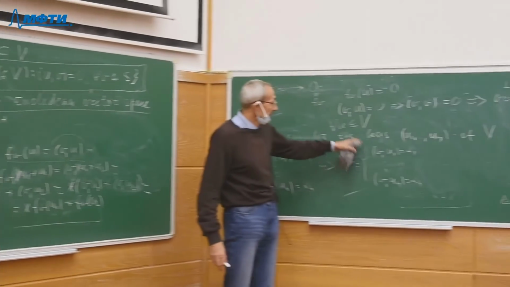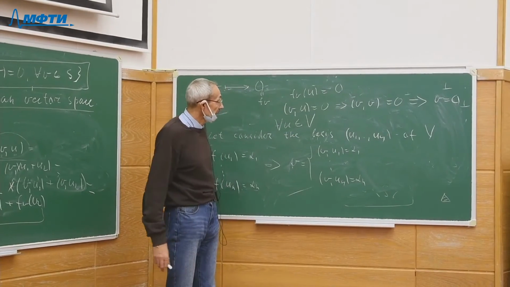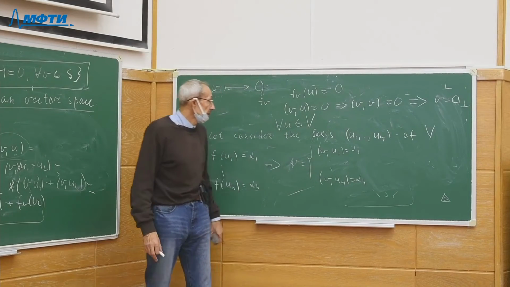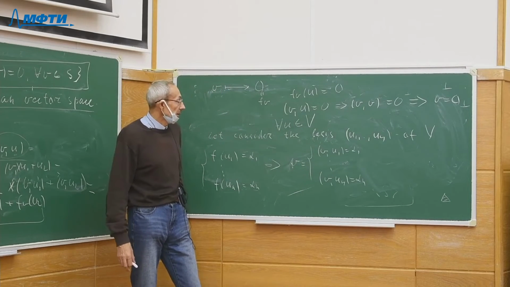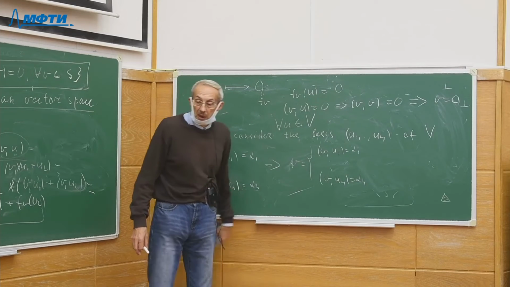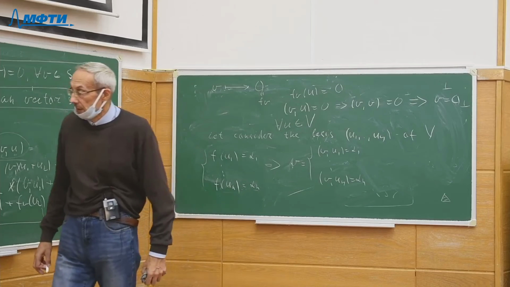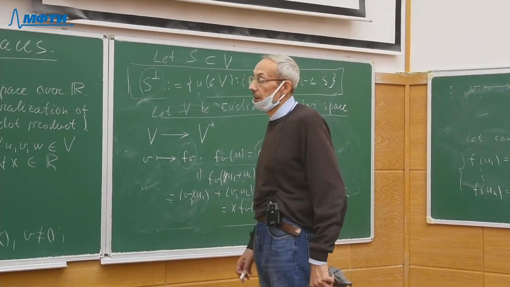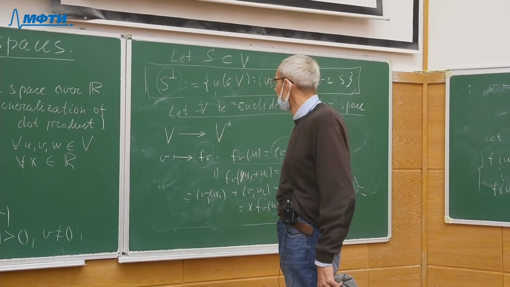I proved that this correspondence is an isomorphism using some theorem on the existence of unique solutions of some linear system. But in the case of functionals, we consider the so-called dual basis.